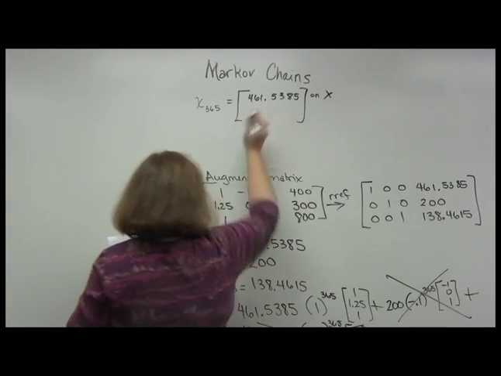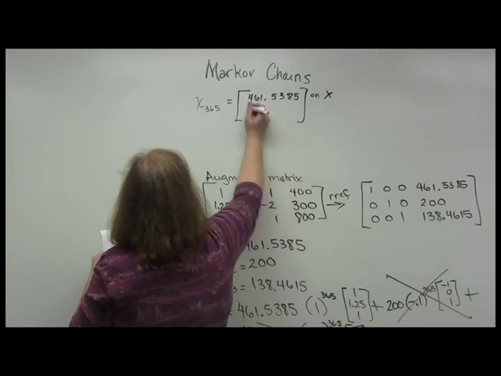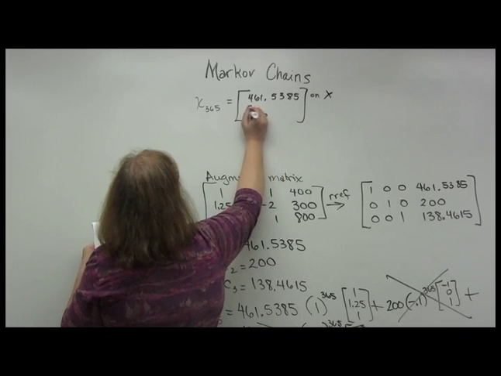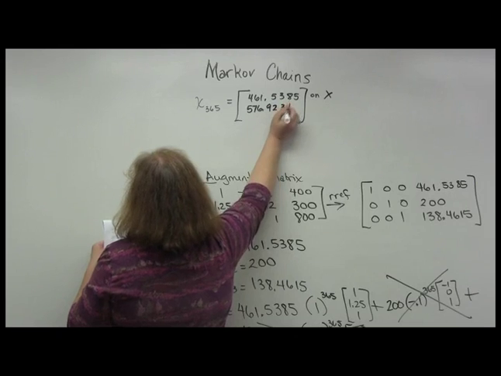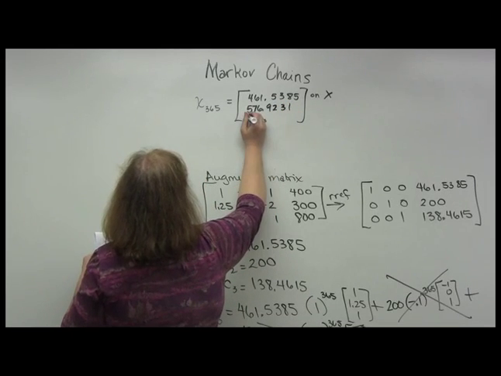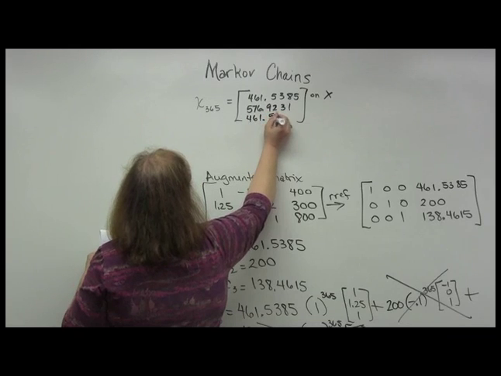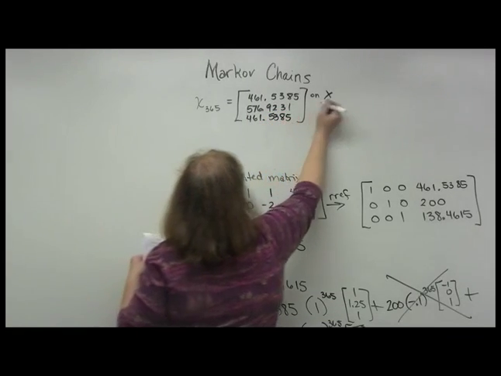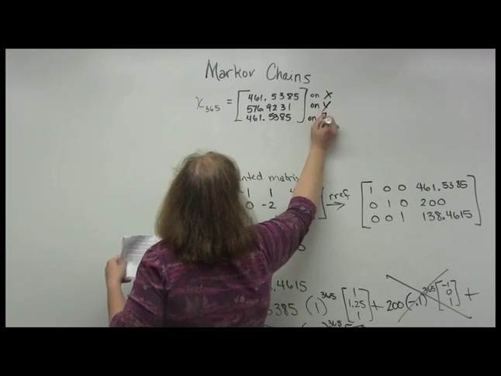The next number that I get, I have to multiply the 461.5385 by 1.25, and I get 576.9231. And last but not least, I do it times a 1 again. So the second number was on y. The third number is on z.